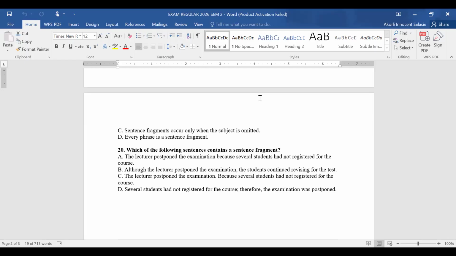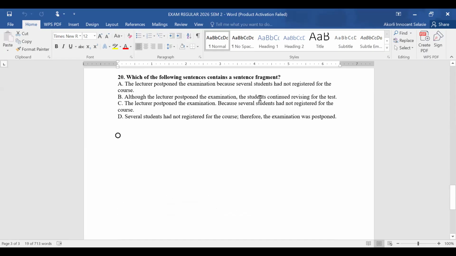No. Phrases are there, but you don't call them sentence fragments. So the answer should be B.